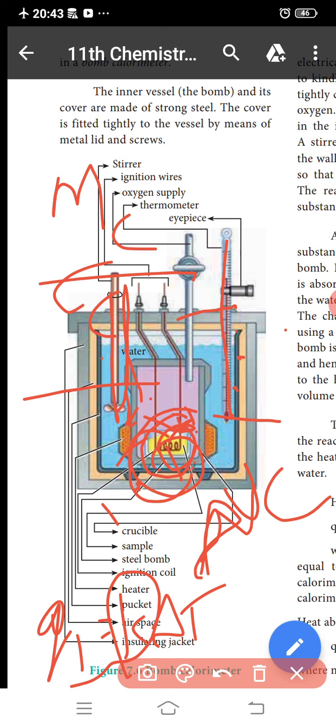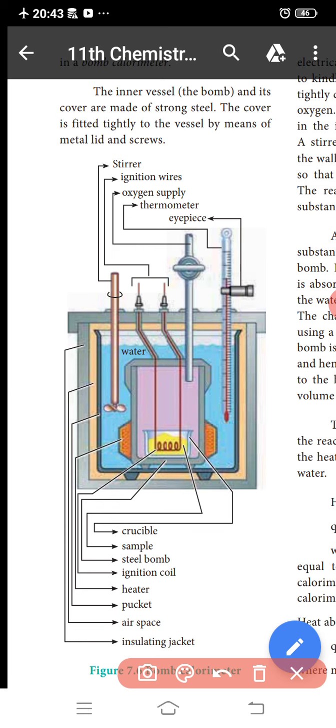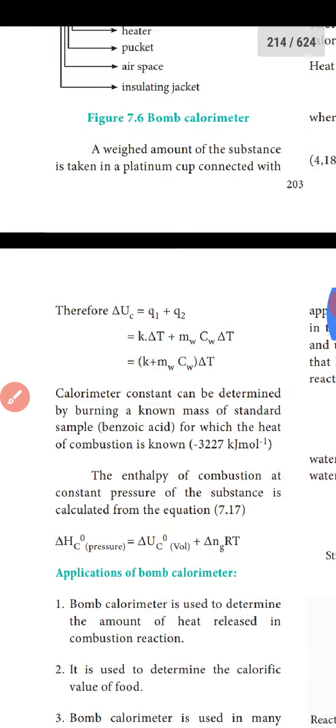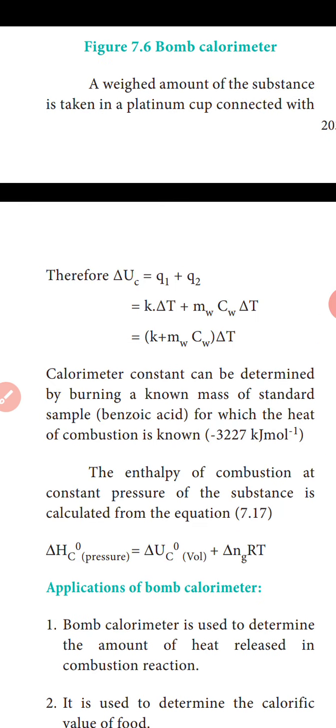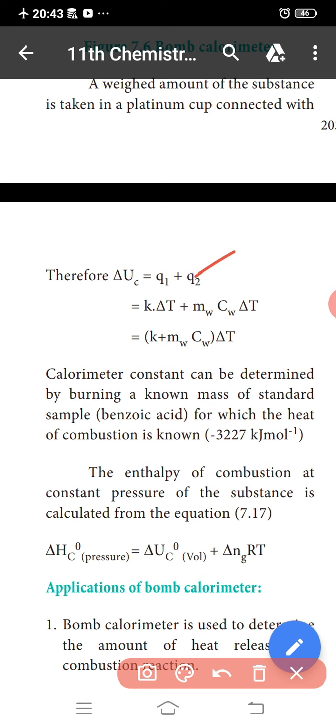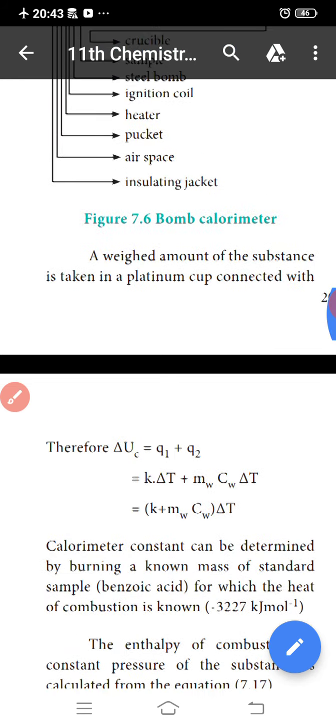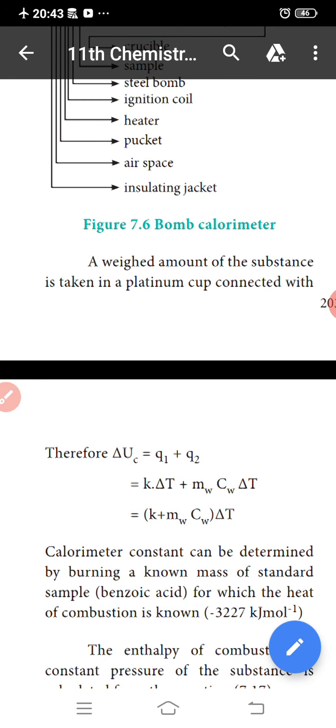Therefore del U is equal to Q1 plus Q2, that is, K del T plus mW CW del T, so (K plus mW CW) del T. The calorimeter constant can be determined by burning a known mass of a standard sample, benzoic acid, for which the heat of combustion is known.